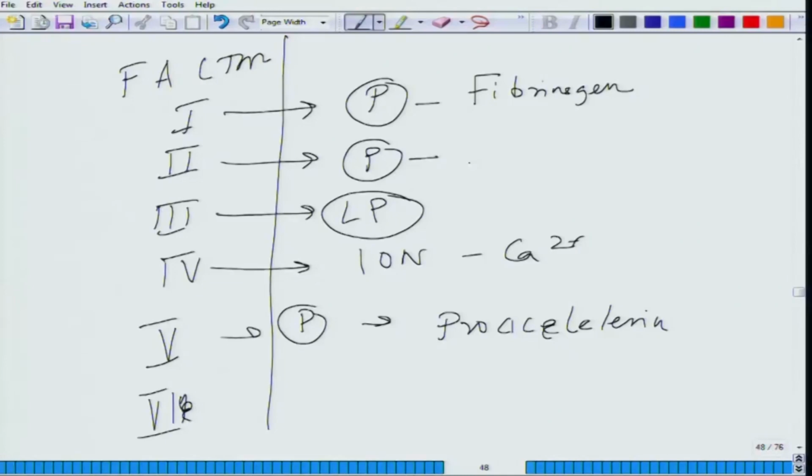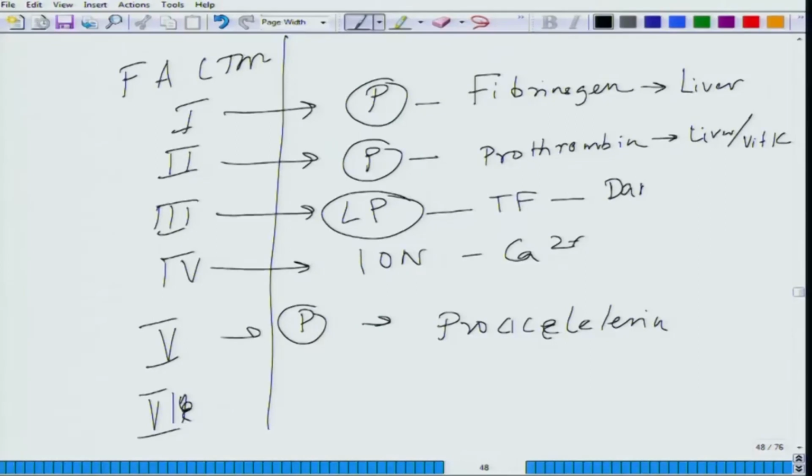This one is prothrombin. This lipoprotein is the tissue factor. So, fibrinogen is produced by the liver. See how all these things are regulated. Then this is also produced by the liver in the presence of vitamin K. This tissue factor is produced by the damaged tissues.